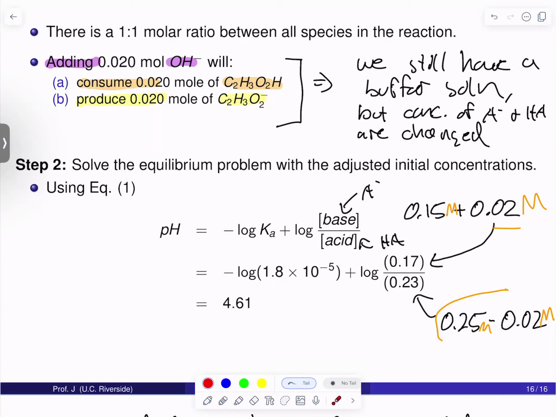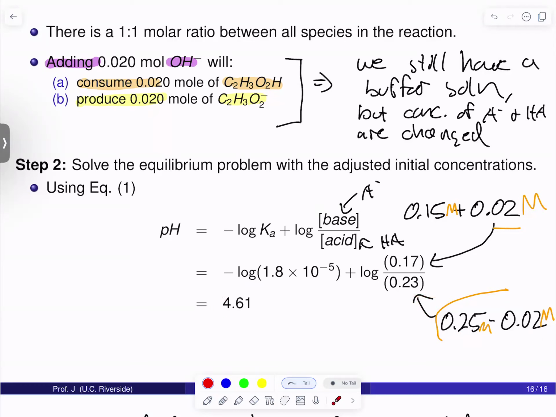In this case, in the numerator here, we started off with 0.15 molar of our A minus, but now by adding this base, we've increased the concentration of our A minus to now 0.17 because we've added in that 0.02 moles of our strong base. Conversely, the weak acid concentration starting off at 0.25 is going to be reduced by the number of moles that have reacted with that strong base. And that gives us our ratio of concentrations and our final pH reading.